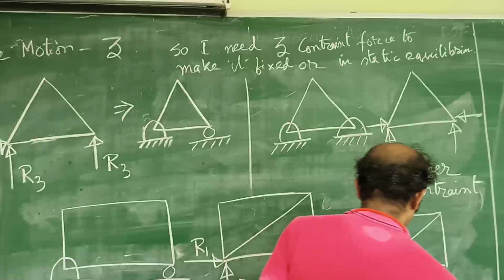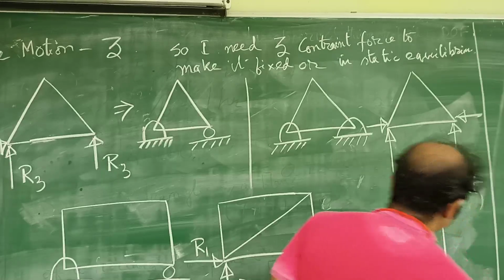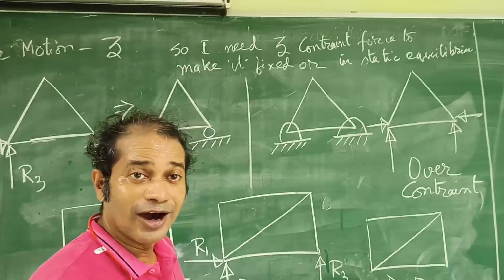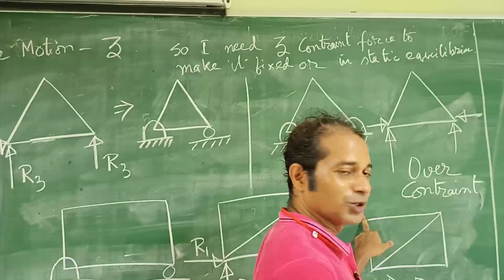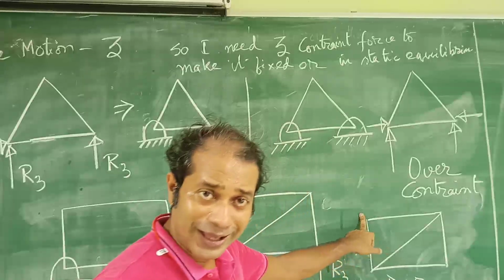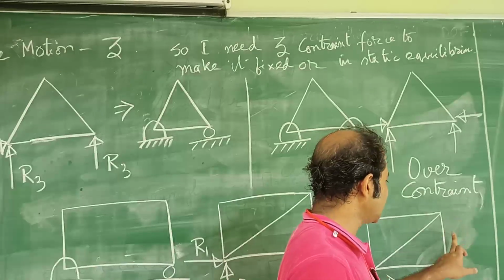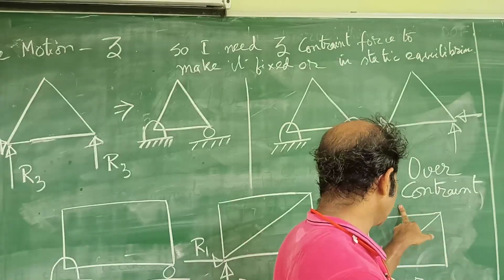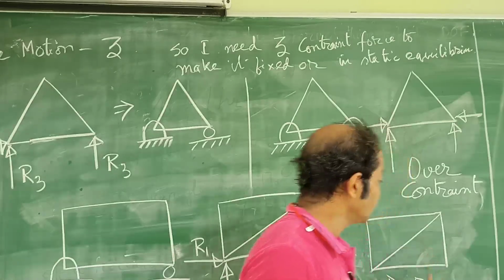Essentially, we will be having DOF equal to 3. Just check. So you have how many points? 1, 2, 3, 4. 4 into 2 is 8, minus this length 1, this length 2, this length 3, this length 4, this length 5. 8 minus 5 is equal to 3.